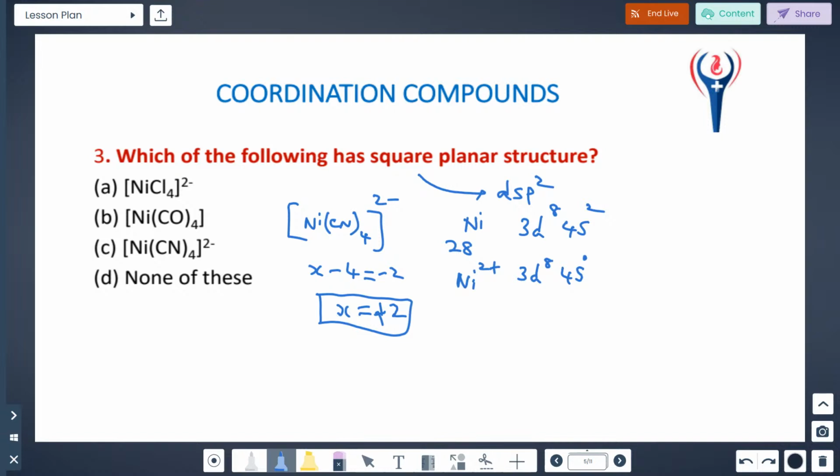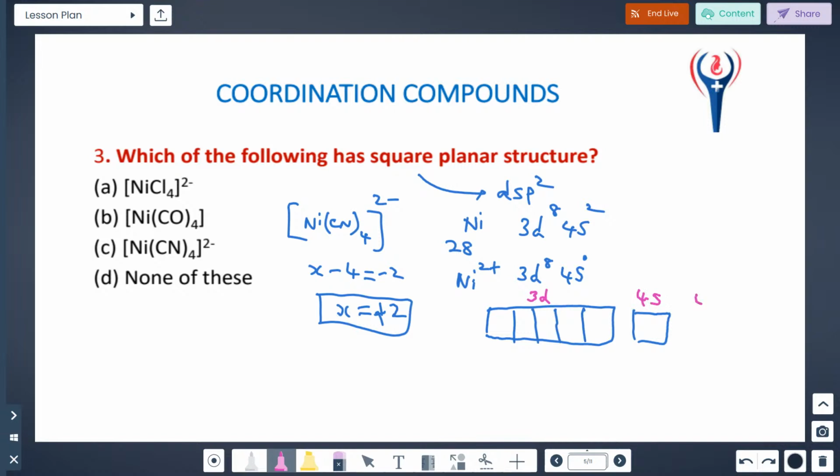So first you write the 3d, 5 orbitals are there. 4s means 1 orbital. This is 3d, and this is 4s, correct or not?